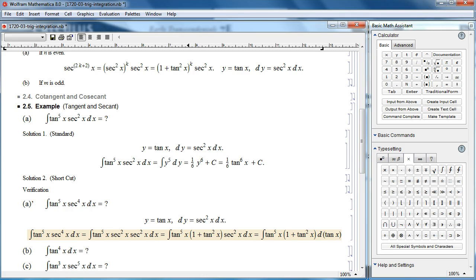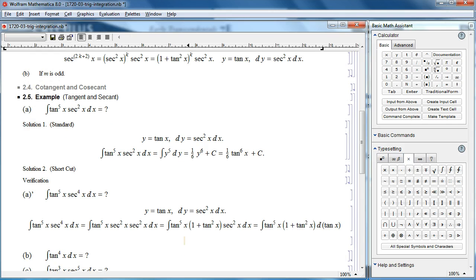So all you have to do now is break up the parentheses first, and then take the antiderivative with respect to tangent of x, not with respect to x, with respect to tangent of x. What do I mean by that?